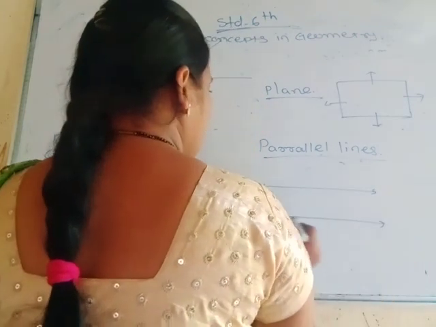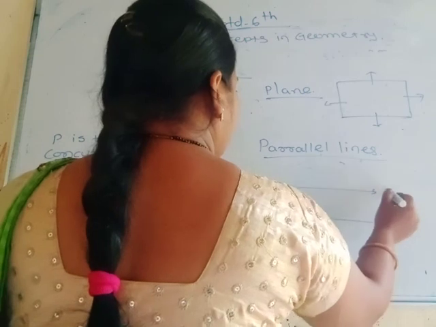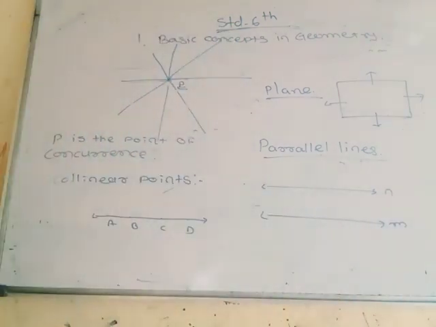In the figure, line M and line N in the plane do not intersect each other.